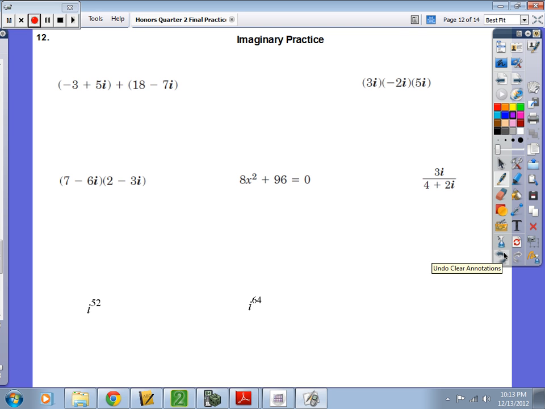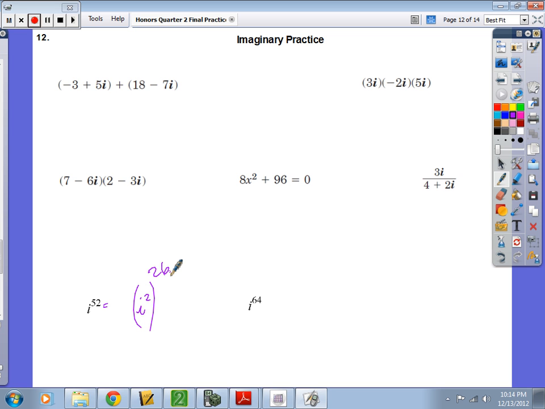i to the 52. If you've got i times i times i times i 52 times, where are you going to end up? Remember, every fourth i is positive. But if you think in terms of i squared, how many i squareds are there in 52? 50 cut in half is 25. 52 cut in half has got to be 26.